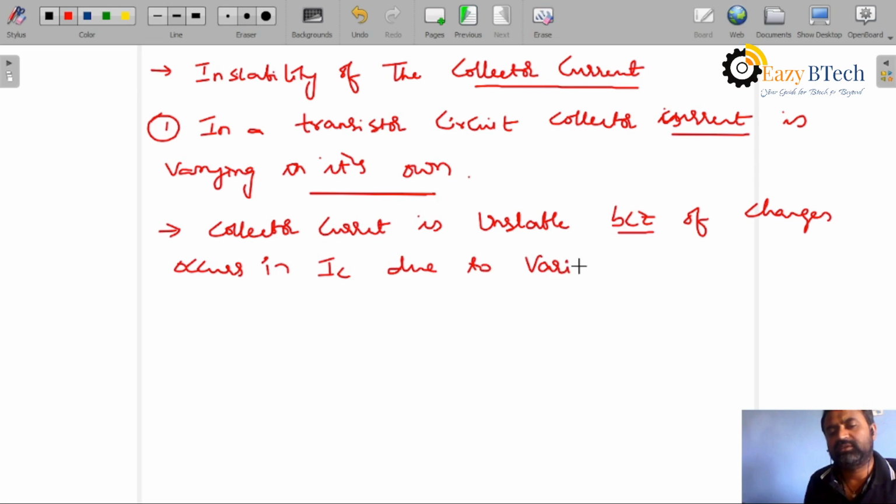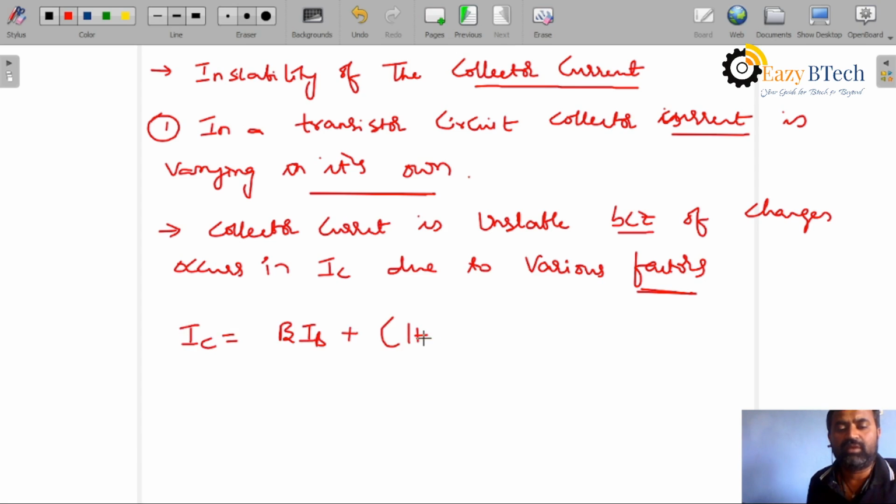We know the collector current equation: IC is equal to beta IB plus (1 plus beta) IC naught.